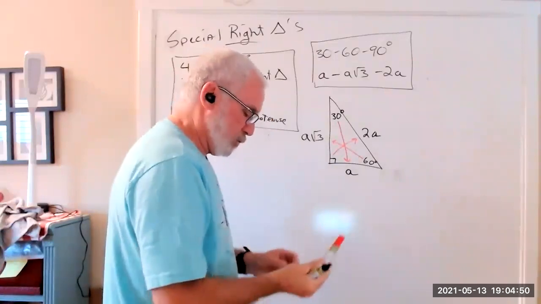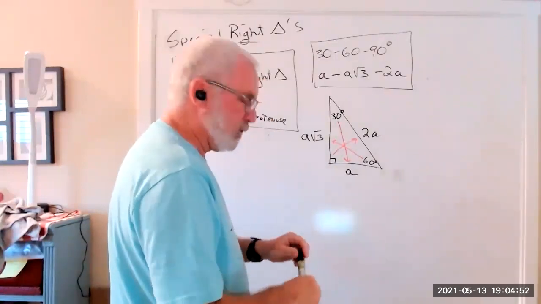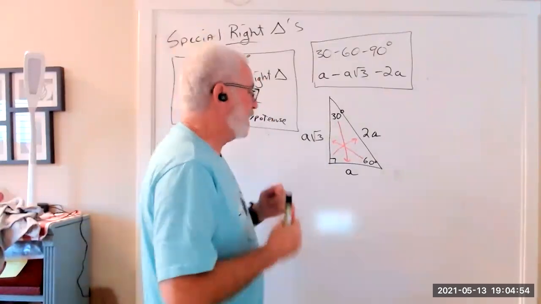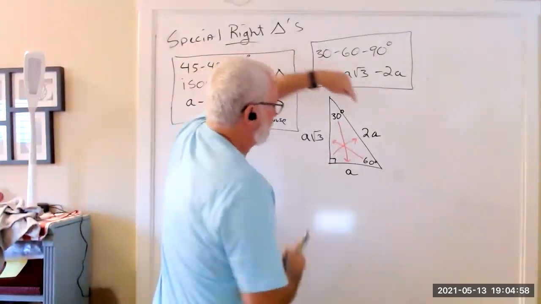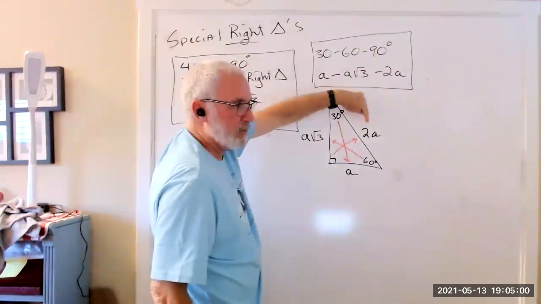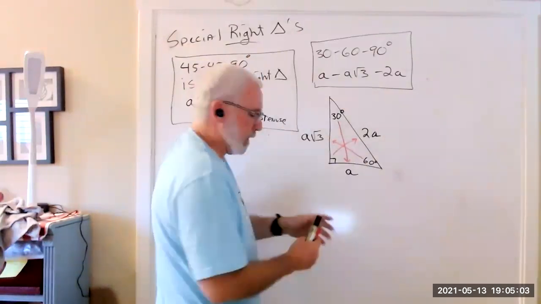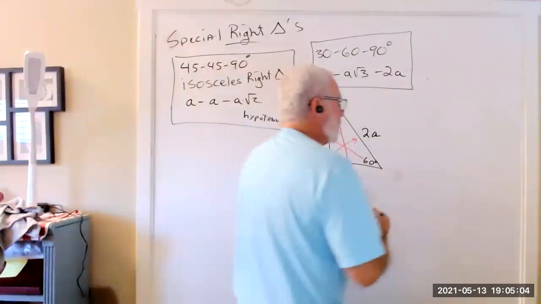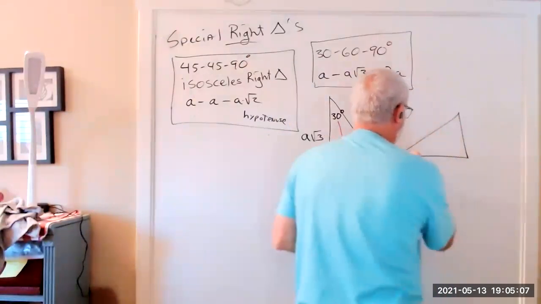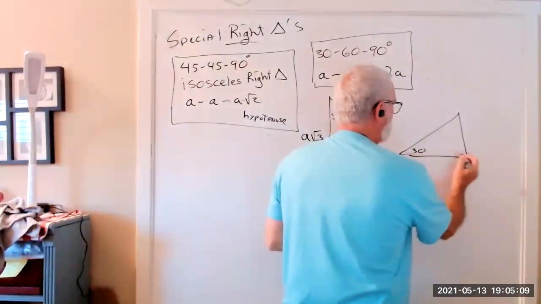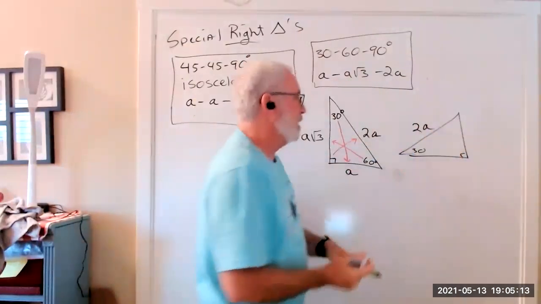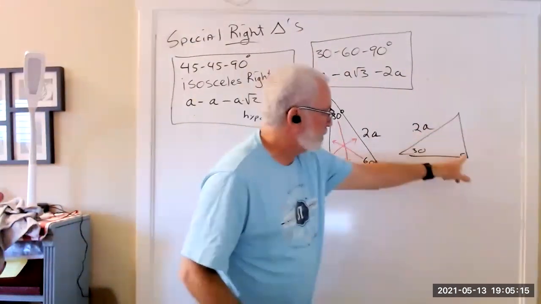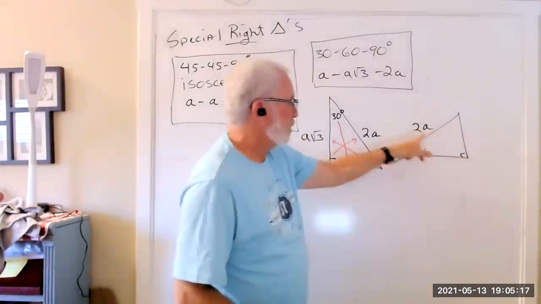Too many arrows make it confusing, but the key to me is that the hypotenuse is always 2A, no matter how I draw it, no matter which way I draw it. If I tell you this is a 30, 60, 90 triangle, this is 2A. The hypotenuse, which is opposite the right angle, is always 2A.